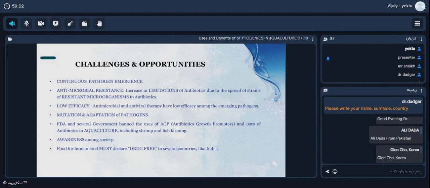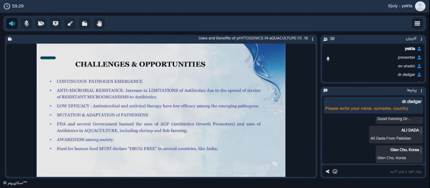For example, China banned use of antibiotics in animal feed since 2020-21. Indonesia banned since 2019. So these are the things which are also not only creating awareness, but also forcing people or practitioners to go towards natural components.